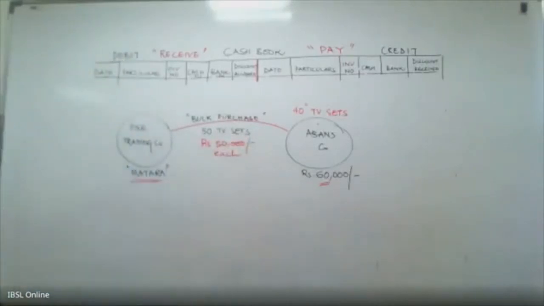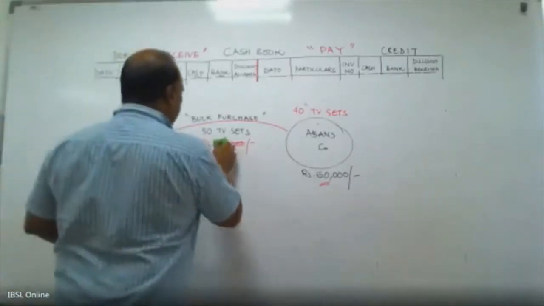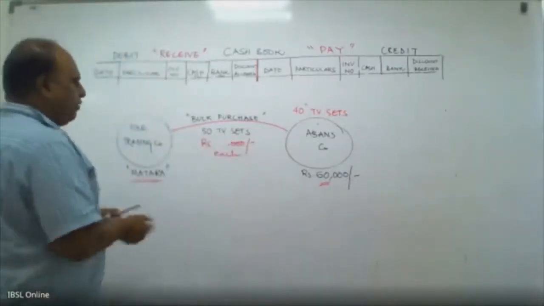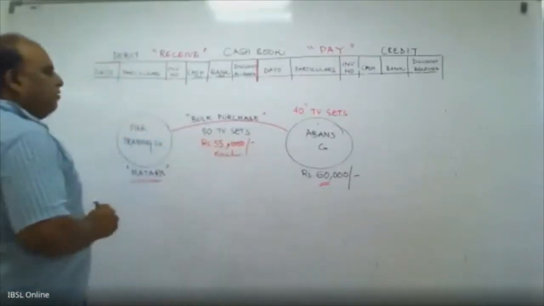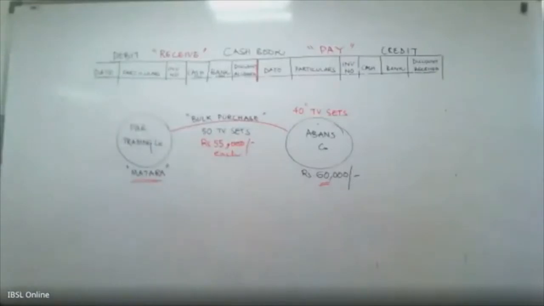Aban says, no, we are selling at 60,000, so it is very difficult for us to give it at 50,000. What we will do is, we will give it to you at 55,000 rupees each.